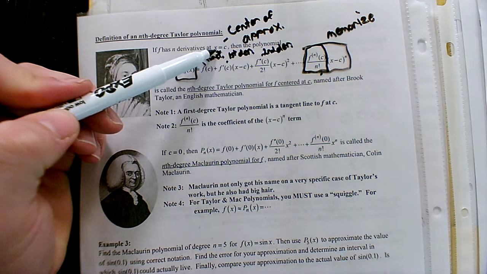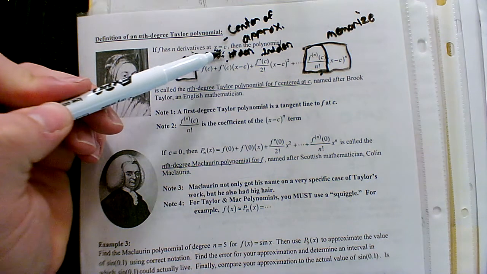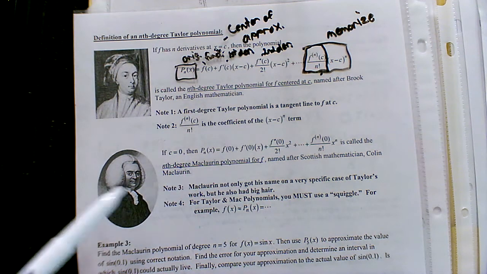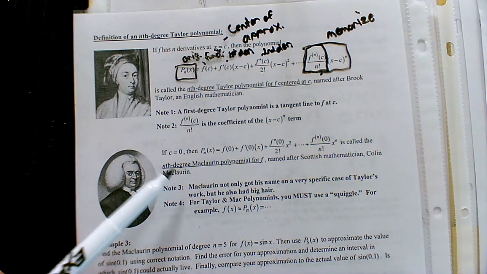So that's why up here for Taylor it says x equals c, the center of approximation, because Taylor found the way that we could change the center of approximation. Whereas Maclaurin was like the example we did on the previous page. They told us the center was at 0, or we know that the sine function started at 0. So that's what's known as a Maclaurin series, okay?